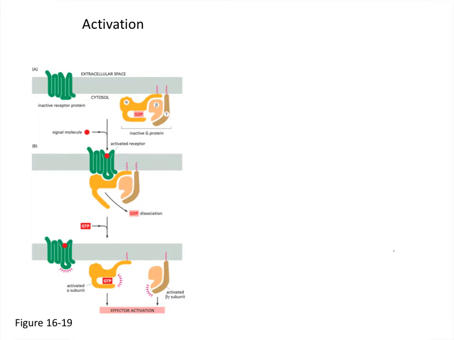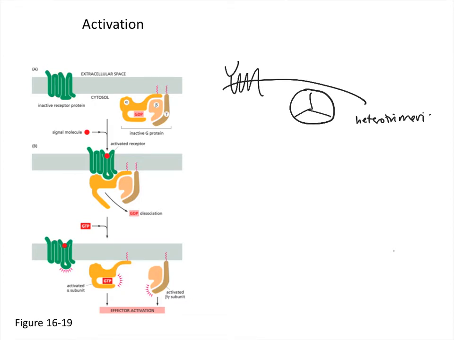So to draw the abbreviated pathway, here we have the plasma membrane, the 7-pass transmembrane receptor, GPCR, and then we have the inactive heterotrimeric G protein, which has the alpha, beta, and gamma subunits.